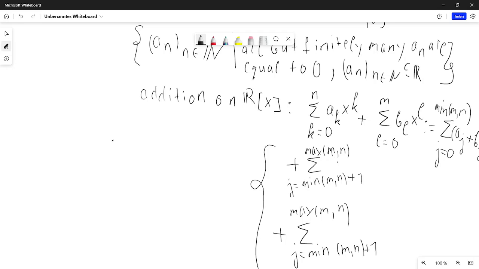So here we have just aj, xj, if, and then of course we can replace max and min, right? If m is smaller or equal to n, then this is what goes after.